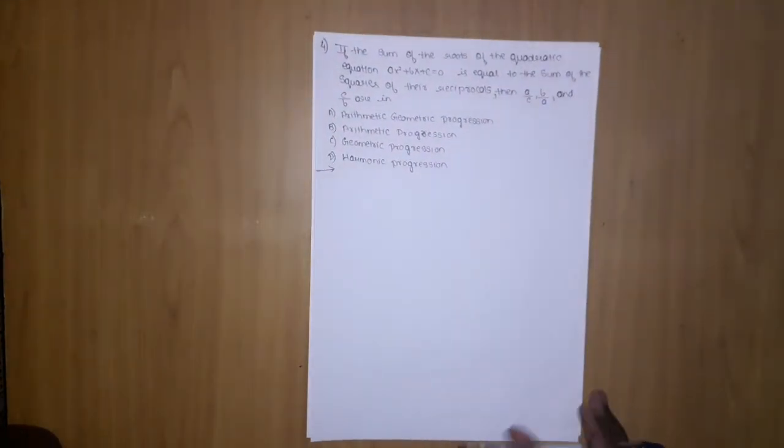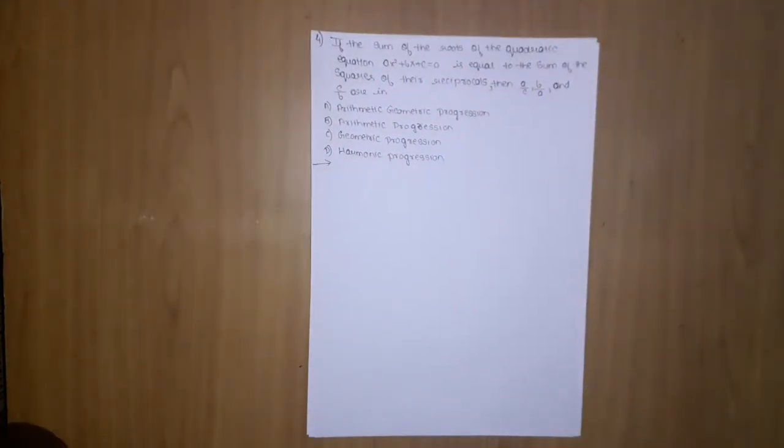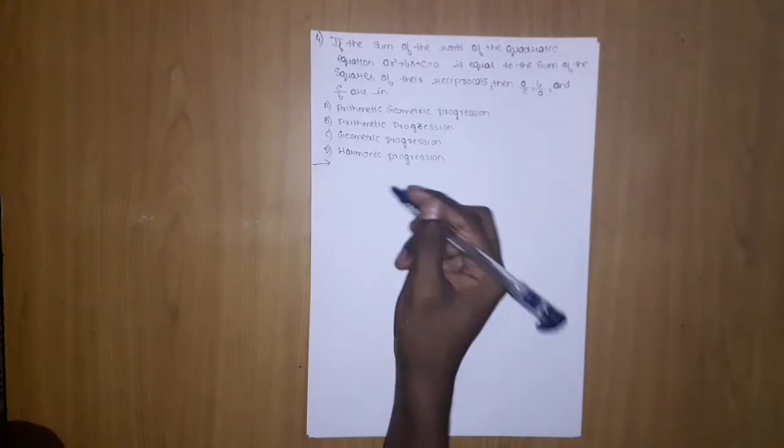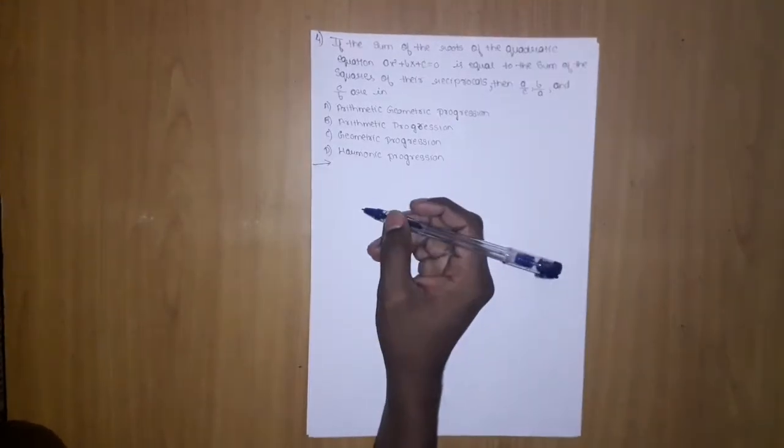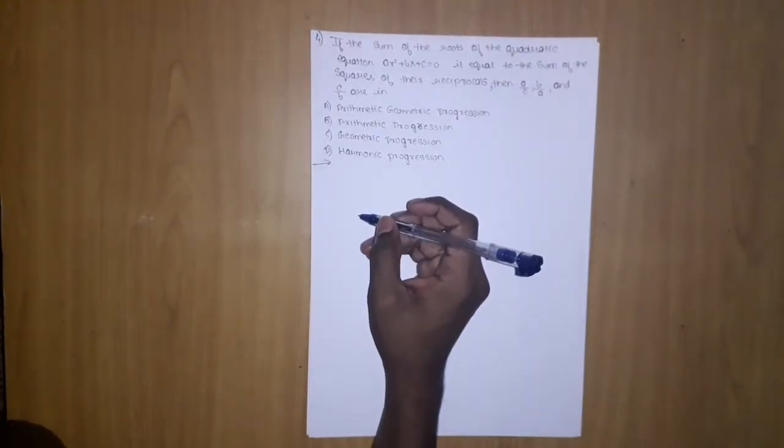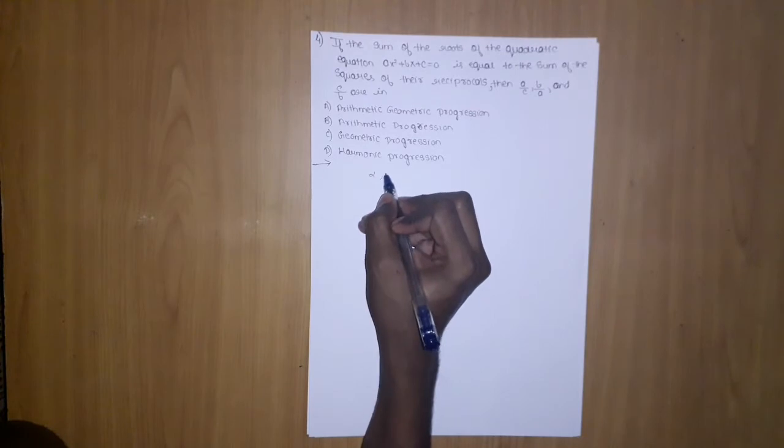Question number 4. The question is as follows: if the sum of the roots of the quadratic equation ax square plus bx plus c equal to 0 is equal to the sum of the squares of their reciprocals, then a by c, b by a and c by b are in what? Let's assume its roots are alpha comma beta.